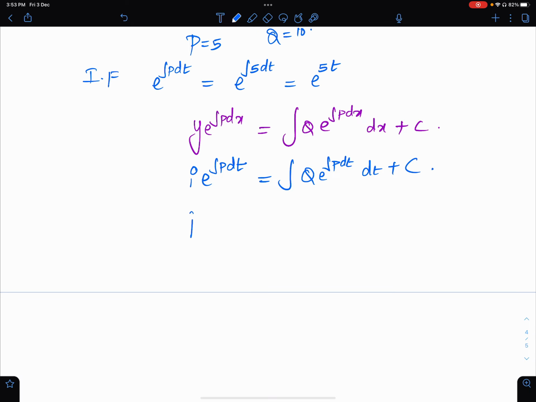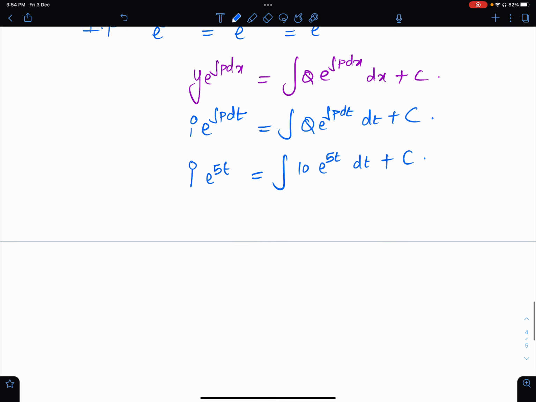So here I is to be found out, and e power integral p dt is e power 5t, equal to integral of q, which is 10, times e power 5t dt, plus c. So I e power 5t equals, just integrate, e power 5t by 5 times 10, plus c.